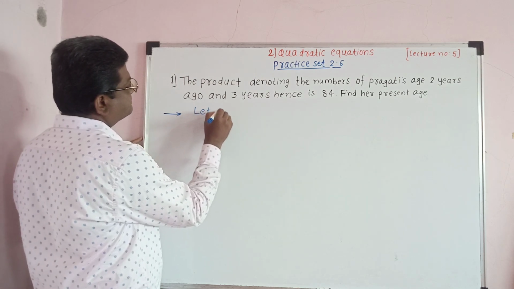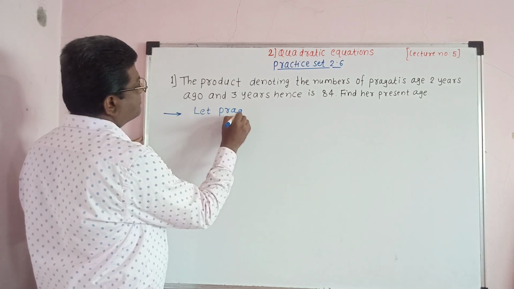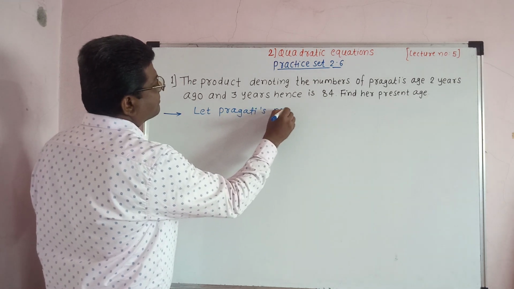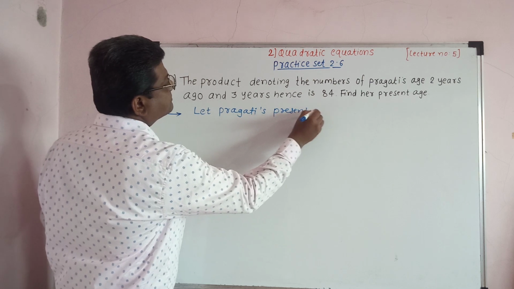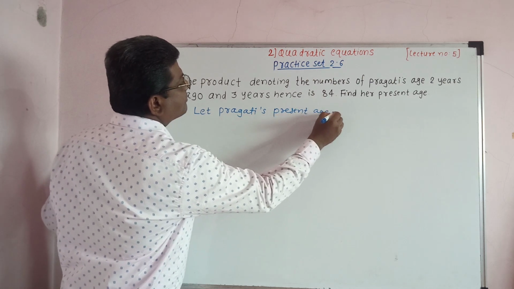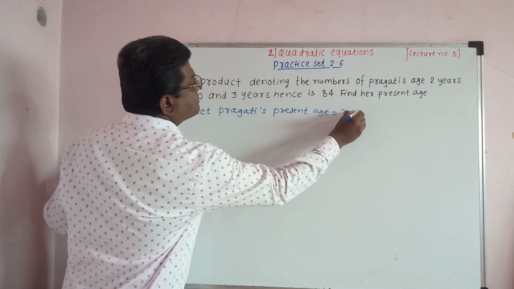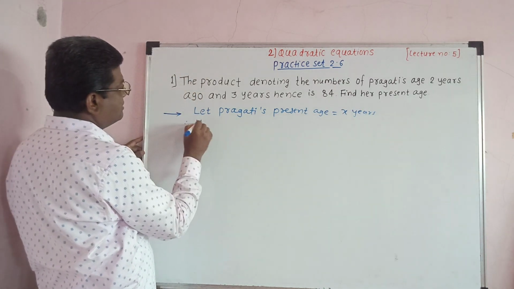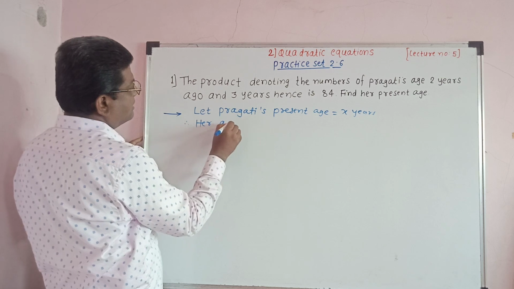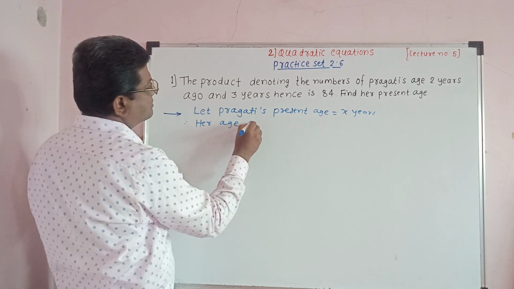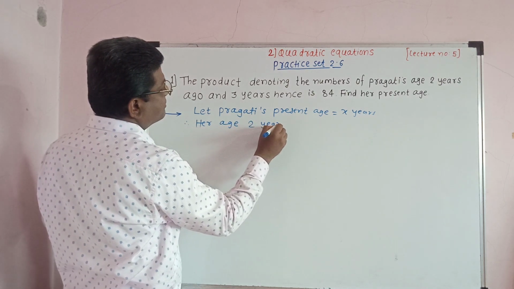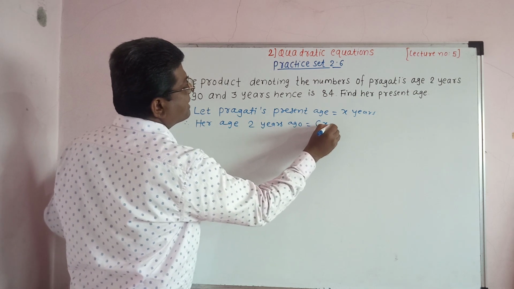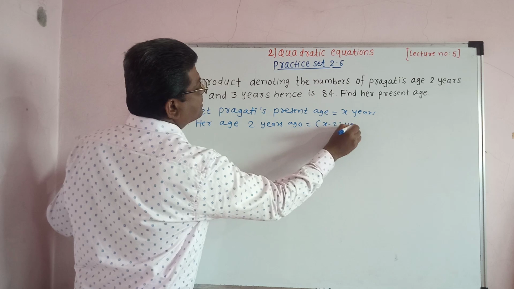Let Pragati's present age be x years. Therefore, her age 2 years ago is equal to x minus 2 years.